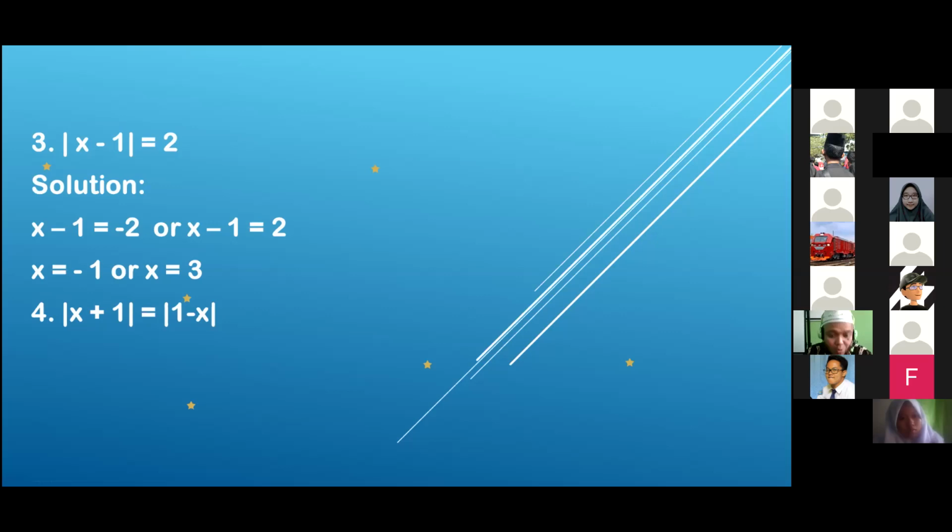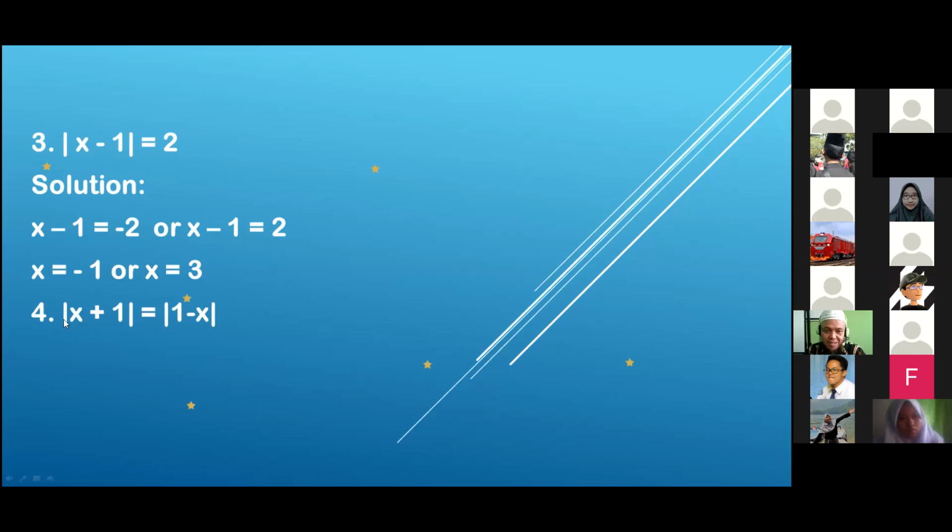The first case: x plus 1 is positive and 1 minus x is positive. The second case: x plus 1 negative and 1 minus x negative, both of them negative. The case 3: x plus 1 positive and 1 minus x negative.